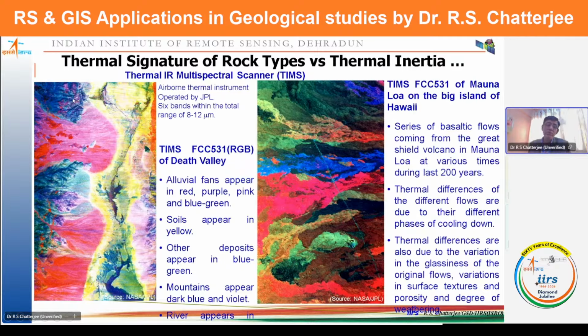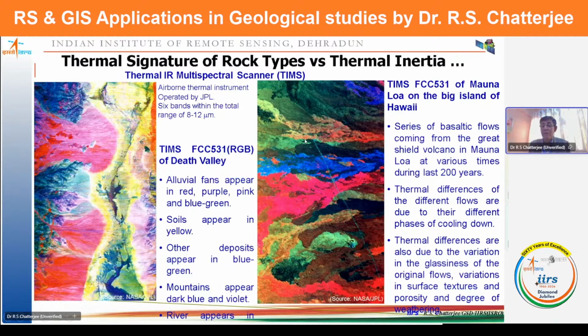So nighttime temperature is also relatively high, whereas this alluvium, their thermal inertia is very low, so their nighttime temperature is very, very low compared to daytime. So that is the reason you get different colors in multispectral thermal image, isn't it? It is not only the optical image, but in thermal image also you can get the color of the object.